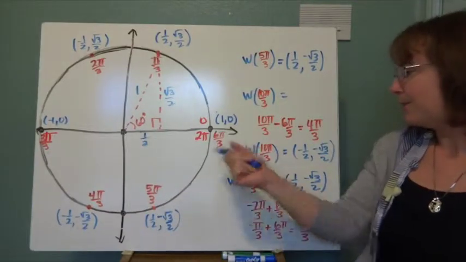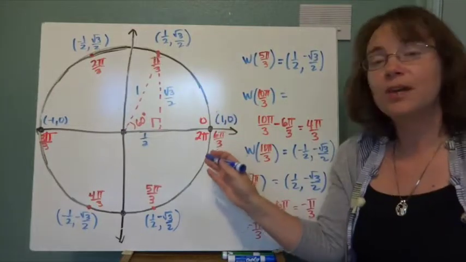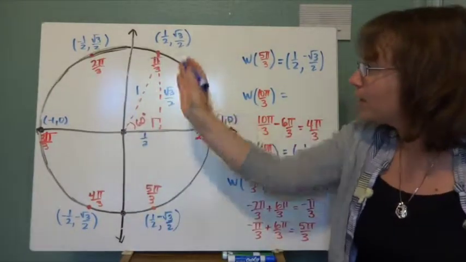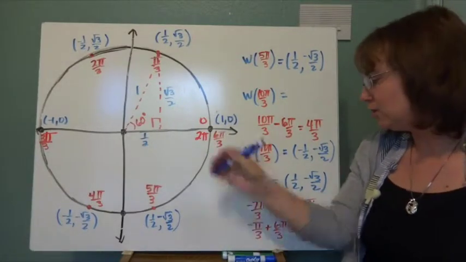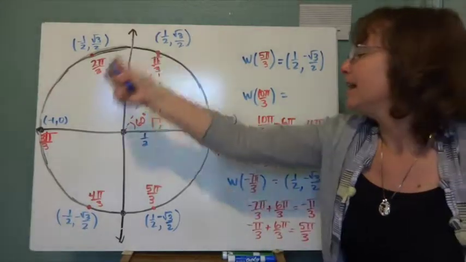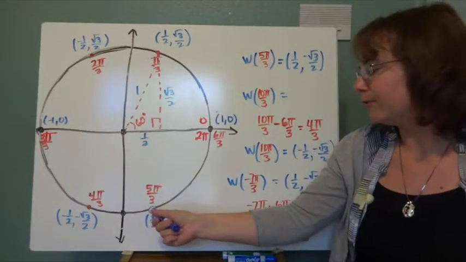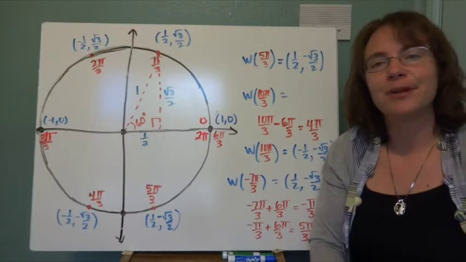So I'm going to end up at this point every time, whether I do it just with the unit circle, just actually following all of the pi's over 3. If I add 2 pi over 3 and then do that negative pi over 3, or if I add another 2 pi over 3 and end up here at 5 pi over 3, the point I'm going to get out is 1/2 comma negative rad 3 over 2.